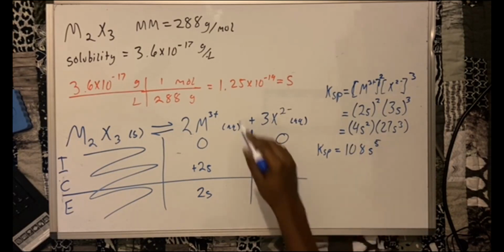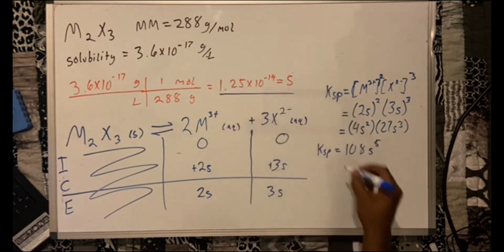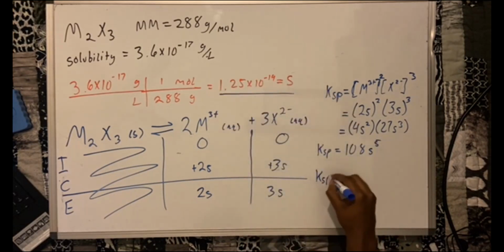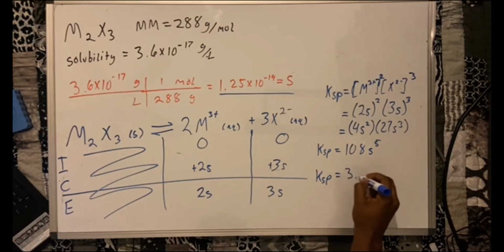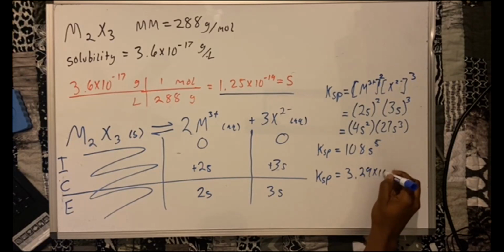Now we just plug in our s that we have up here. So Ksp is 108 times 1.25 times 10 to the negative 19 to the 5th. I got super small, 3.29 times 10 to the negative 93.